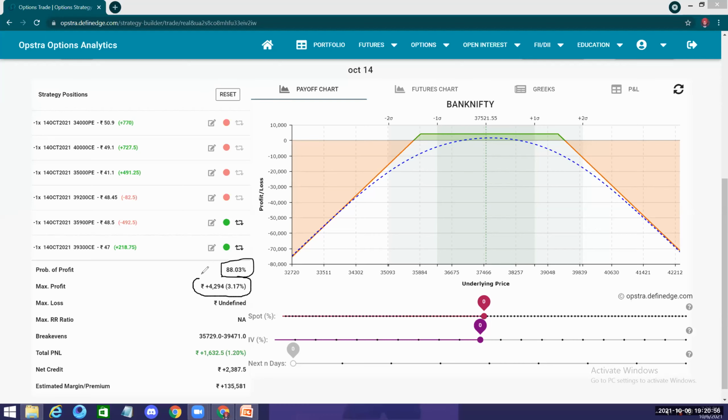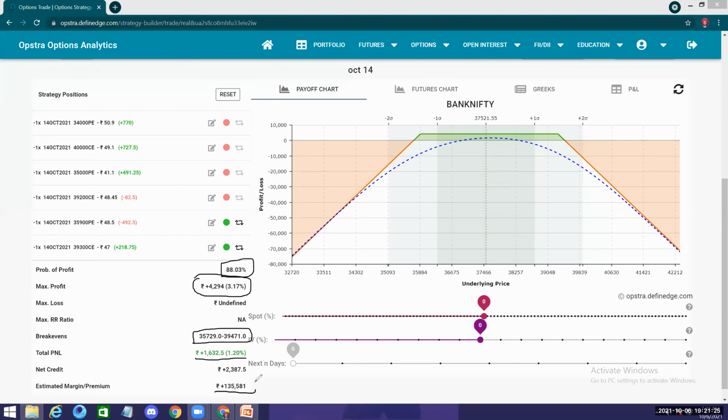My profit has now increased to 4,294 rupees, which is around 1,800 rupees more than what I was planning from the initial two positions. My range is 35,800 to 39,500. My range has decreased. I'm at present 1.2% in profit. I have almost doubled my profit. It was 813 rupees. So I've almost doubled my profit.